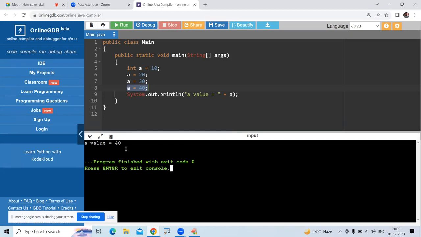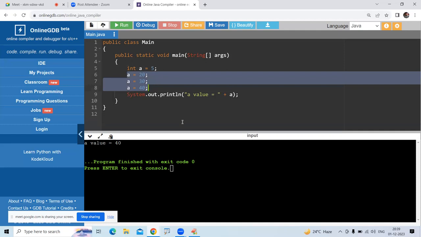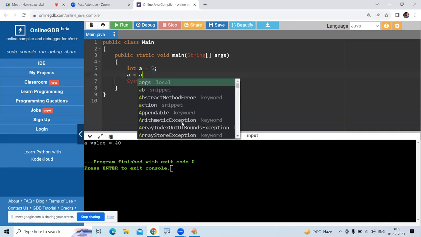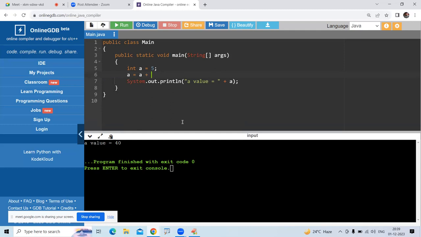See, the value in a variable always will change. Suppose a value is 5. I'm performing simple operations. Suppose a equals to a plus 3. Next, a equals to a minus 5.